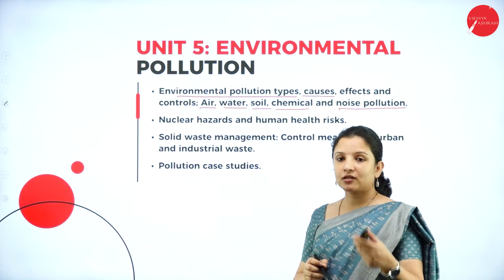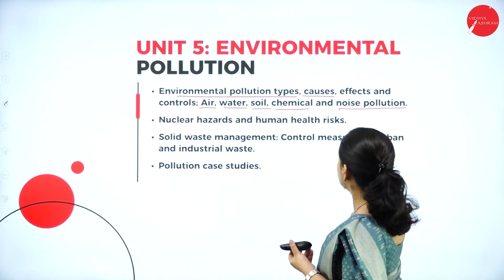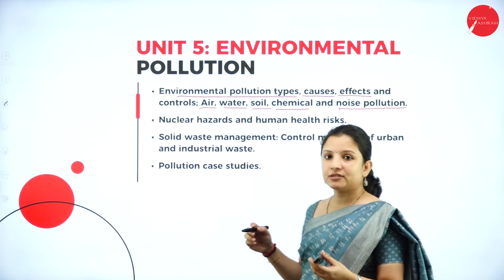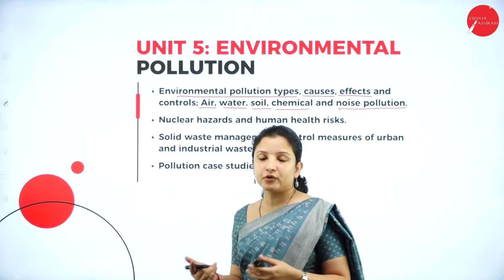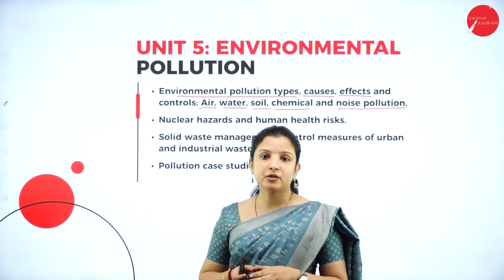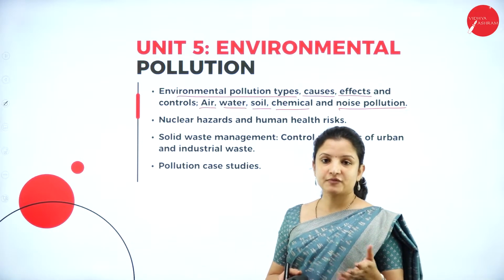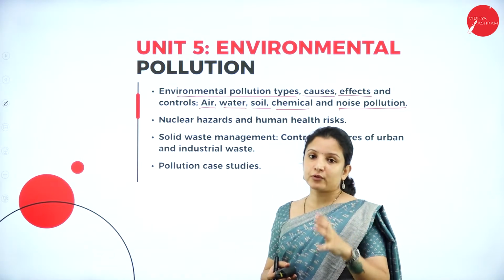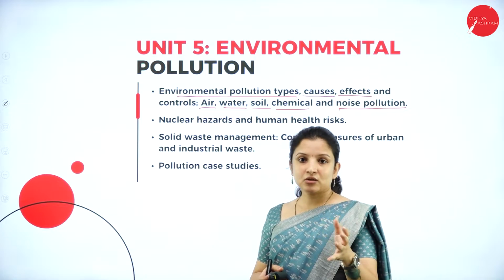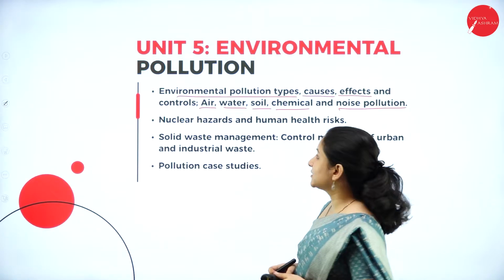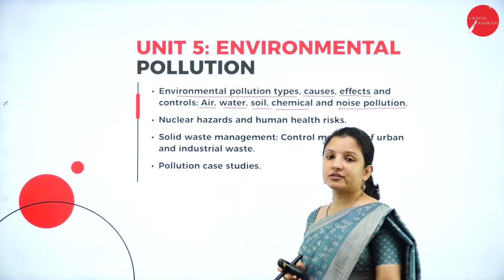What are the factors that are causing this environmental pollution, and what happens if such pollution occurs? The best example we can talk of is the air pollution that is prevalent in Delhi. Delhi is one among the most polluted cities in the world. What actually caused this pollution?